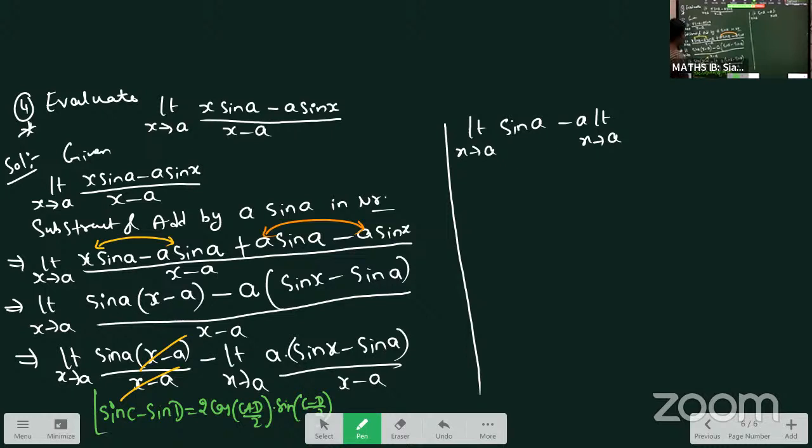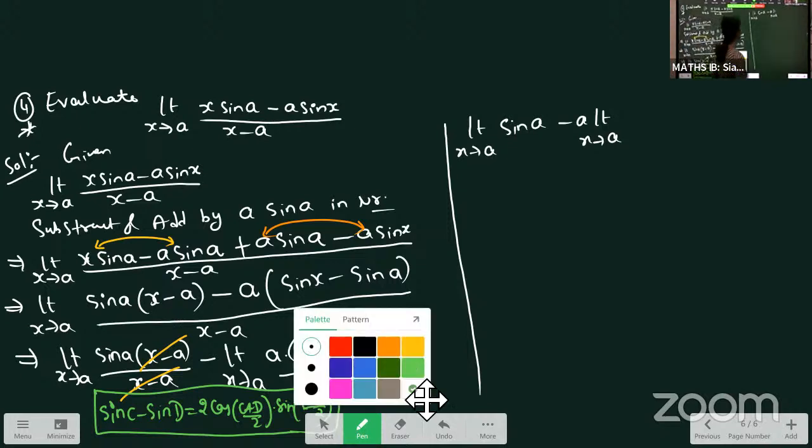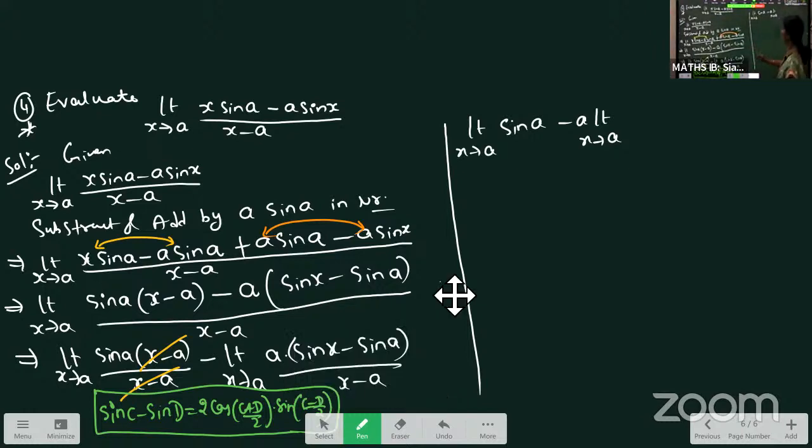So apply this formula to the step. The other term changes sign, writing a outside. Sin x minus sin a becomes 2 cos of c plus d by 2 into sin of c minus d by 2.